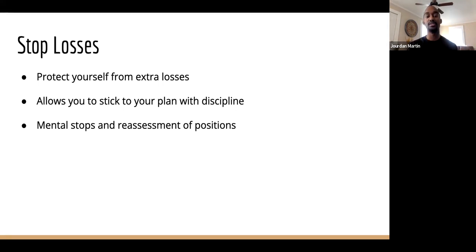Now, the other thing is it allows you to trade your plan and execute according to your plan. So what I'm talking about more is having a set plan or system that you can give to somebody else and they can trade your account, not perfectly in the sense of the same way that you would, but they should be able to execute based on what the rules for Jordan are.